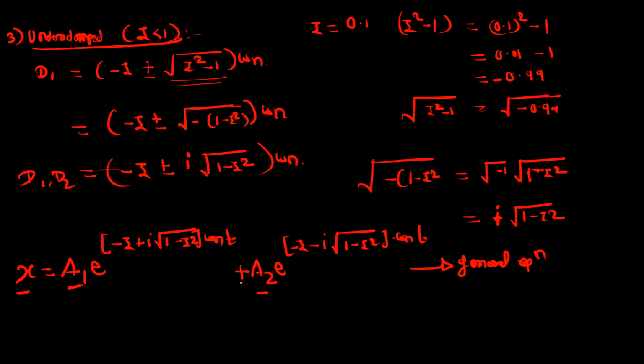Before that, you can simplify this equation, as it is an exponential term and a complex number. So you can use this identity: e raised to I theta is cos theta plus or minus I sin theta. By using this identity, you can simplify that equation.